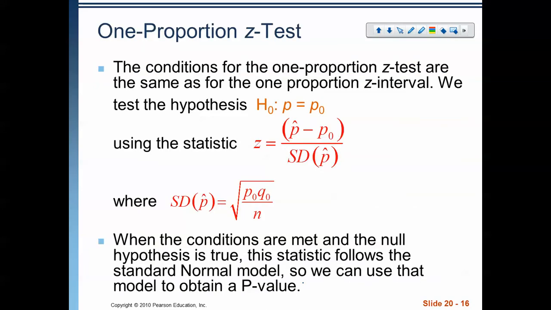So, here's our test statistic, okay? When the conditions for a 1 proportion z test are met, we test this hypothesis by finding this test statistic. Now, you might notice that this is basically the same thing as a z-score, except instead of comparing observed to mean, we're going to compare the observed value with the hypothesized value.